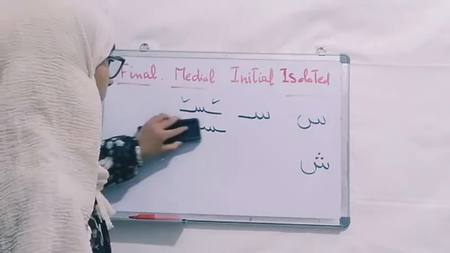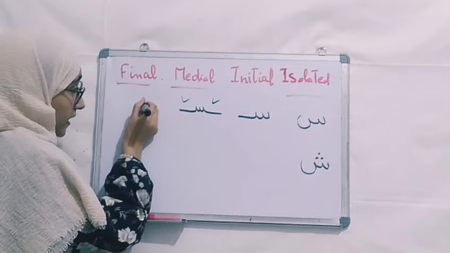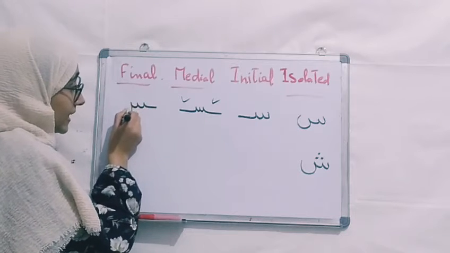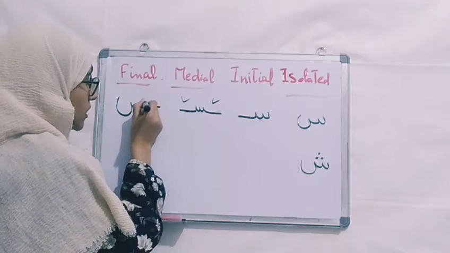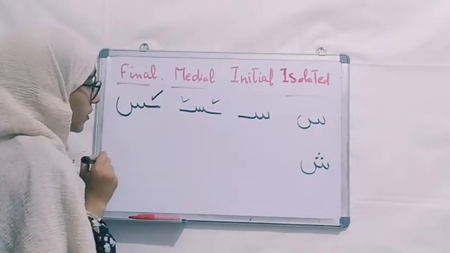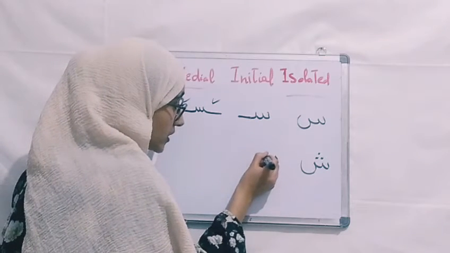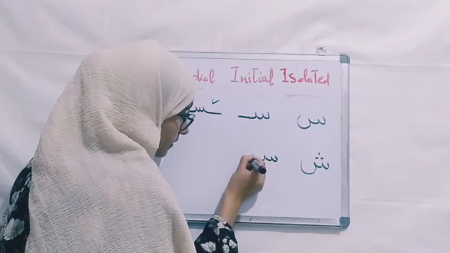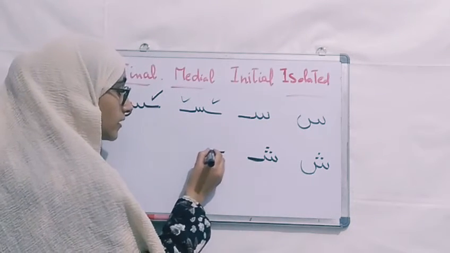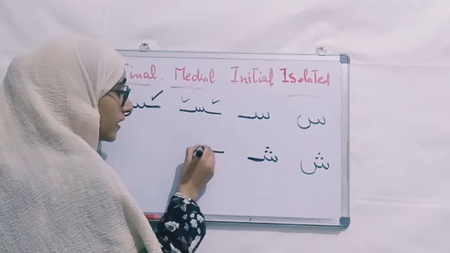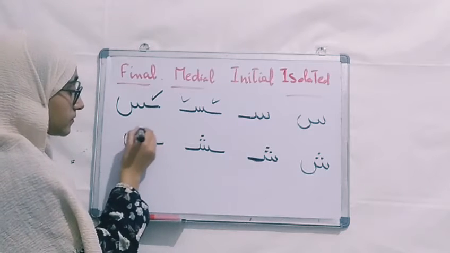In the final form, you keep the connecting line, then write sin as in the isolated form, because it needs to be connected to before. Same here in sheen: you write sheen and keep the straight line, with 3 dots on top of it. Same in the medial and final forms.